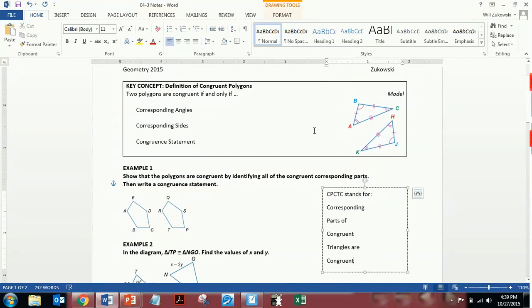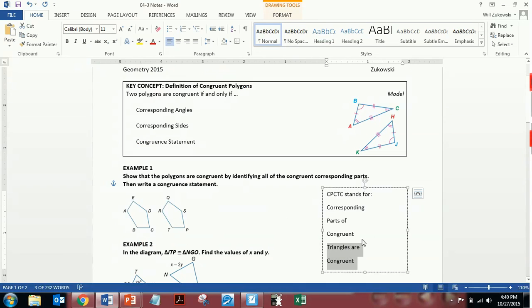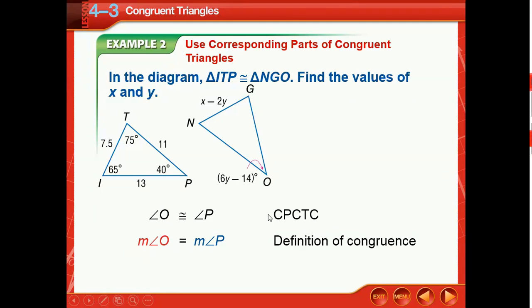It's saying that if we know that triangles are congruent, which I did, because it said 2 triangles are congruent right here, then all their corresponding parts must also be congruent. So I guess I should have highlighted it this way. If you know you have congruent triangles, then the corresponding parts are congruent. CPCTC. We're going to use that quite a bit.